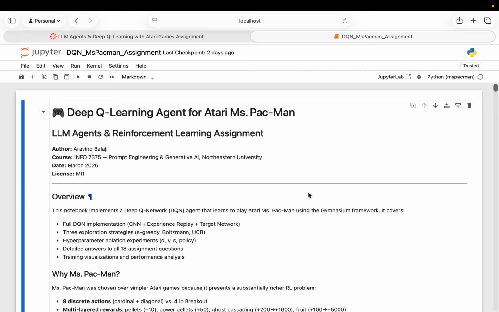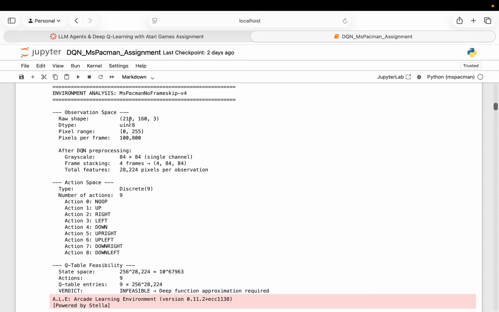Let me scroll to the environment analysis. So here is the environment analysis. The raw screen is 210 by 160 RGB. We process it to 84 by 84 grayscale and stack 4 frames so the agent can see which direction ghosts are moving.